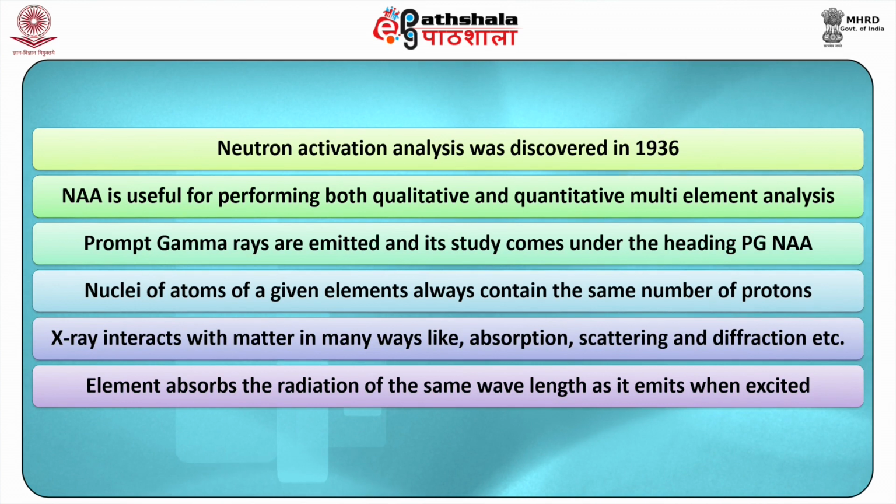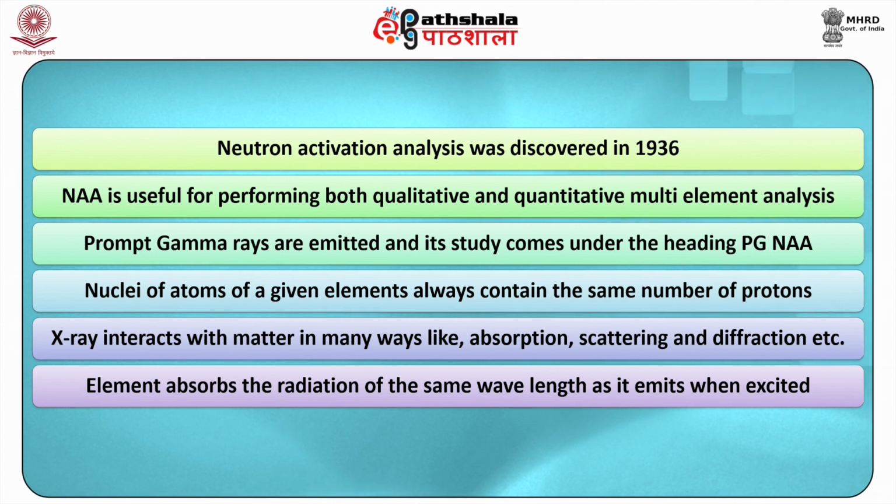Neutron activation analysis was discovered in 1936 when Hevesi and Levi found that samples containing certain rare earth elements became highly radioactive after exposure to a source of neutrons. NAA is an extremely sensitive technique useful for performing both qualitative and quantitative multi-element analysis of major, minor, and trace elements in a sample.